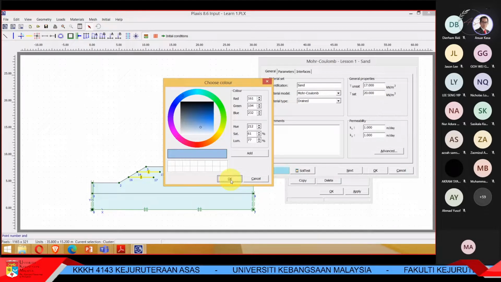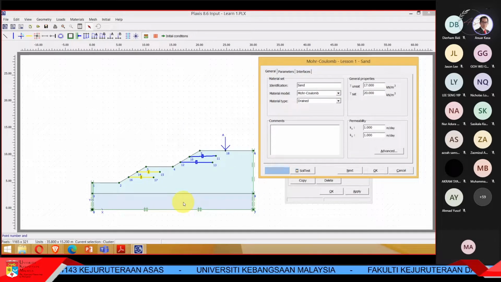So the color changes, and I can also change the name, and I can also change the gamma, unit weight of water, soil. So normally this is saturated. This is the unit weight when we get the sample, meaning that at site this is the value.